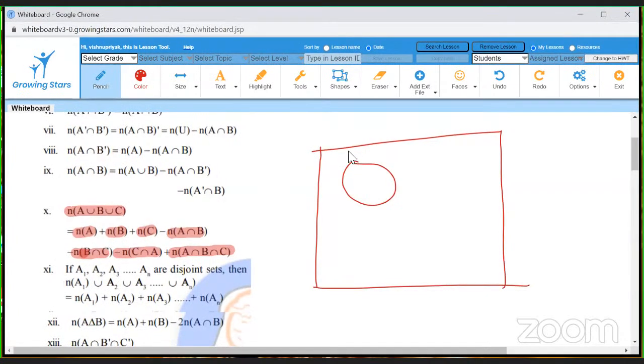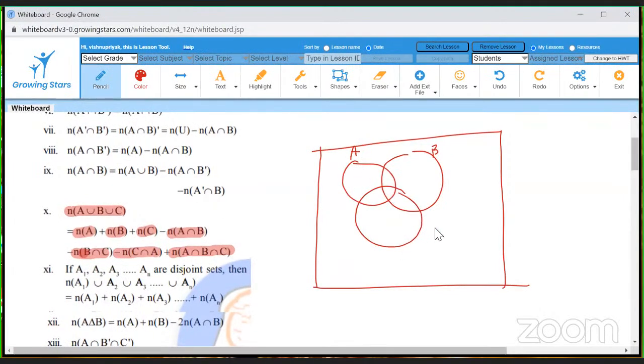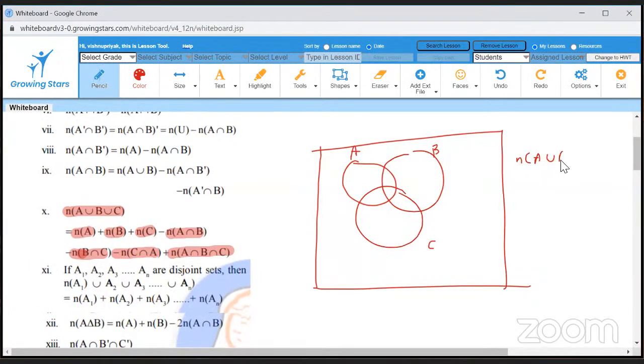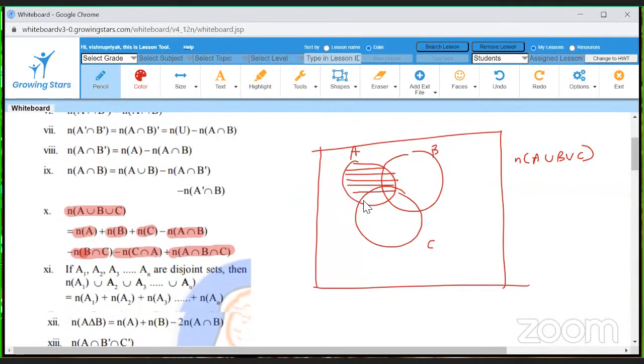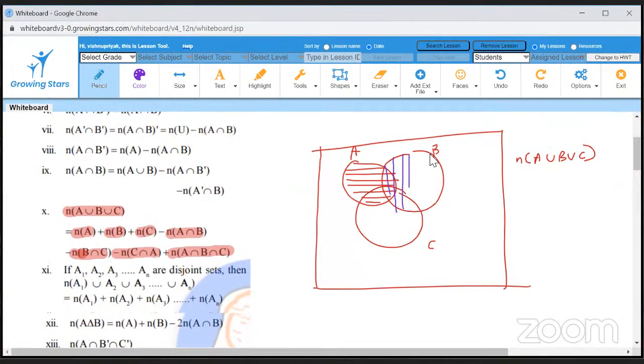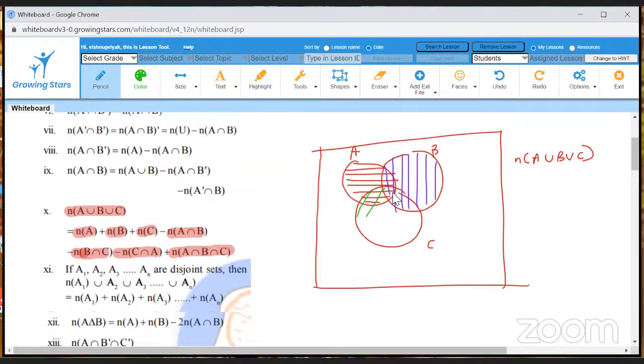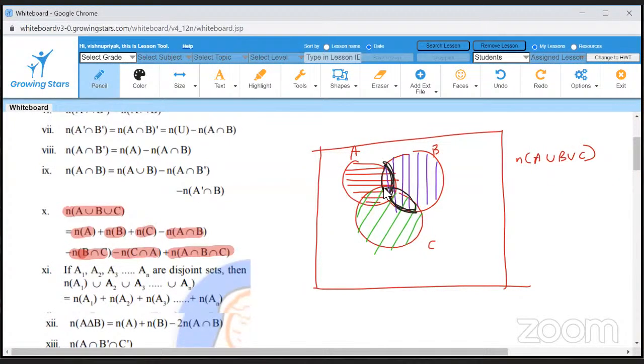Like this also you can try to understand. This is A, this is B, this is C. If you want to find the number of elements in A union B union C, first I will take the number of elements in A, then the number of elements in B, then the number of elements in C. So in this process, I have taken A intersection B double times, B intersection C double times, and C intersection A double times.